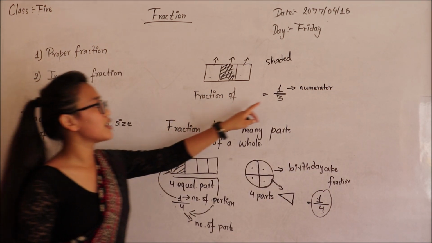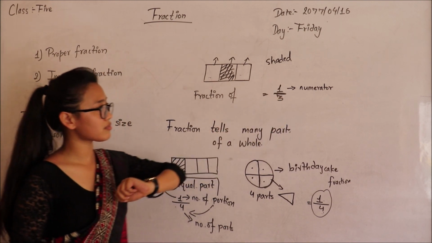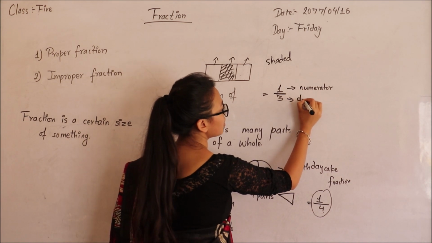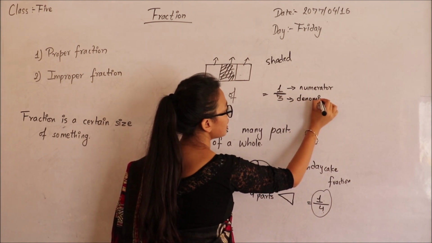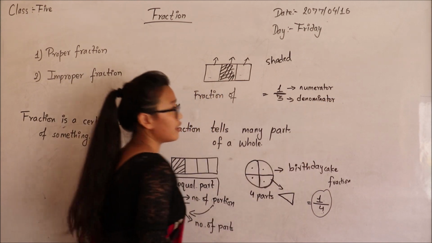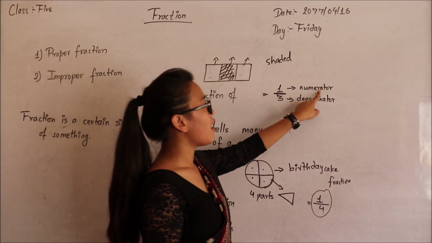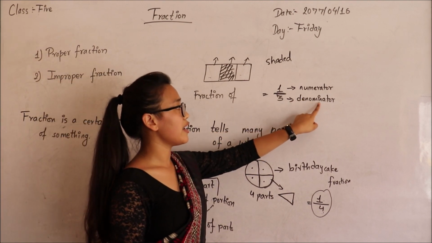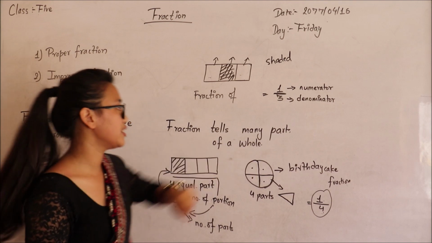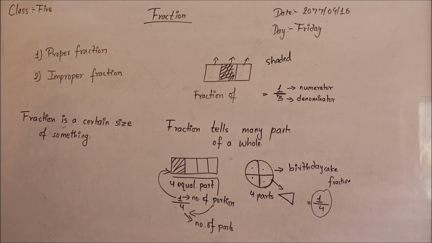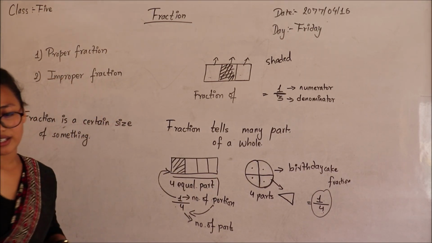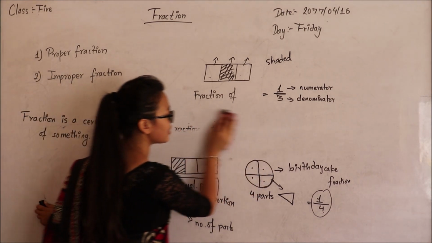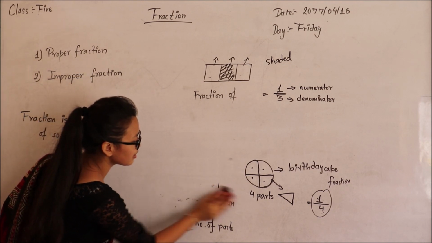The number above is called numerator, and the number down is called denominator, D-E-N-O-M-I-N-A-T-O-R. So this is the simplest feature of fraction. Okay, if you want to write this, then pause the video and write.